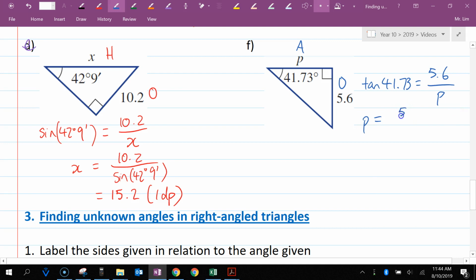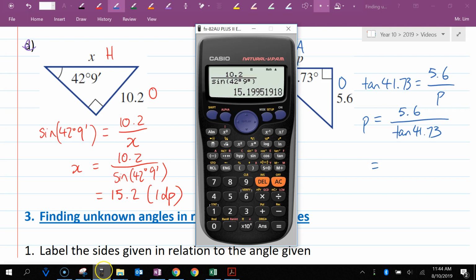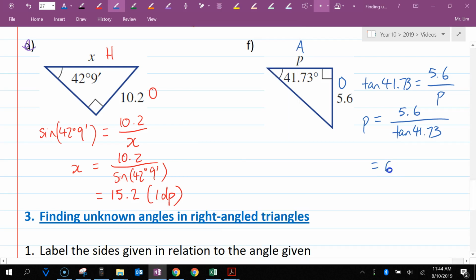P is equal to 5.6 over tan 41.73 degrees. So let's see what that equals to. 5.6 over tan of 41.73 degrees. 6.28. And that's to 2 decimal places.